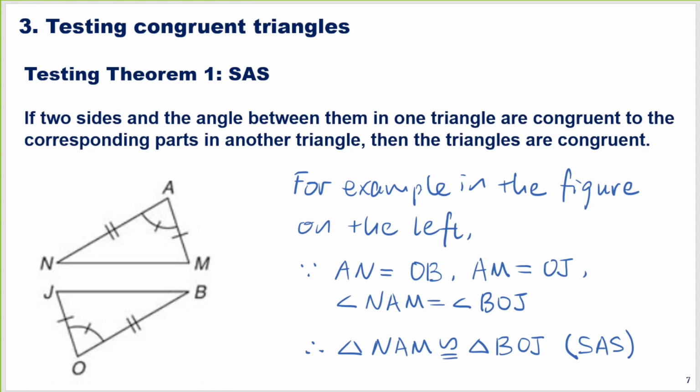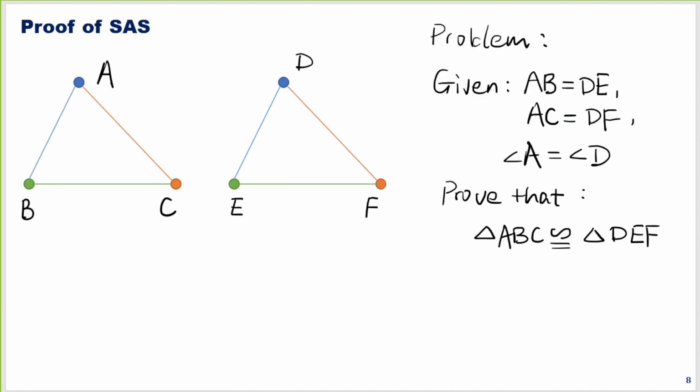So the problem is, can you prove this is actually true? Are you clear with testing theorem 1? Okay, think about this question. Let's try to prove the theorem SAS.